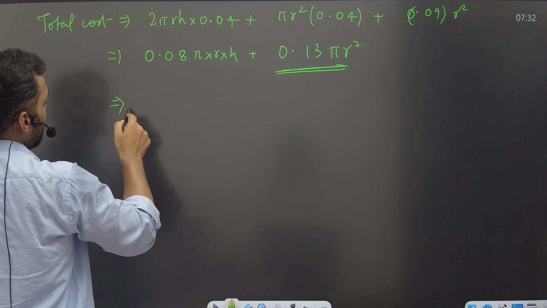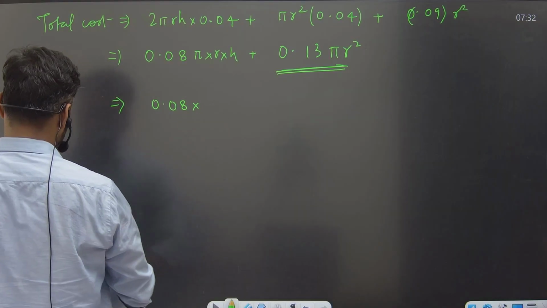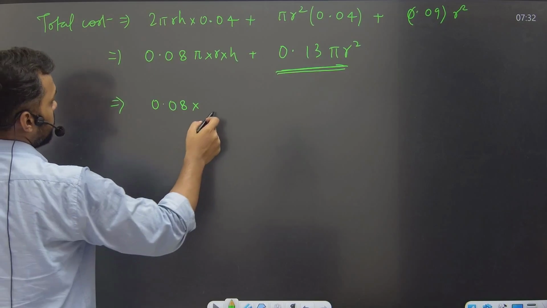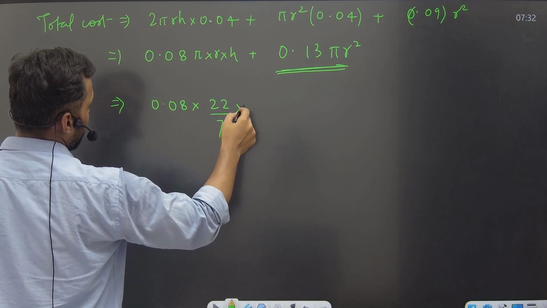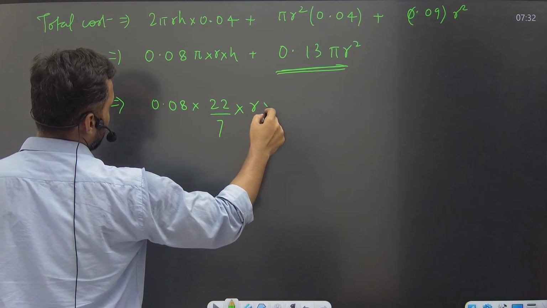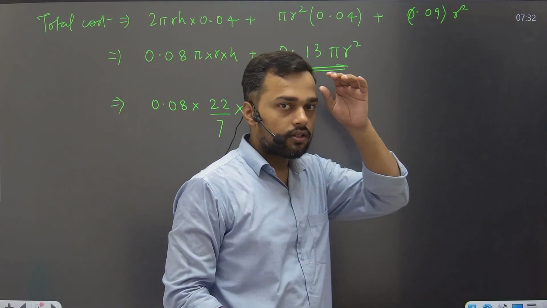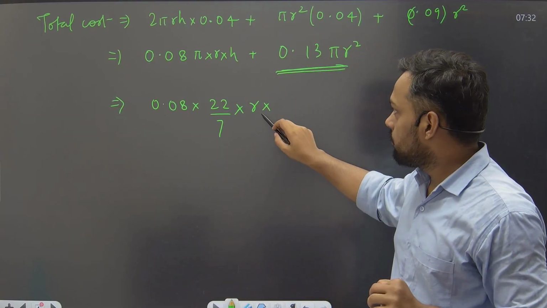Now for 0.08 pi r h, pi can be taken as 22 by 7 or 3.14, both will be okay. Let's leave r, because in the question they have asked for an r element, so we won't be disturbing r here.